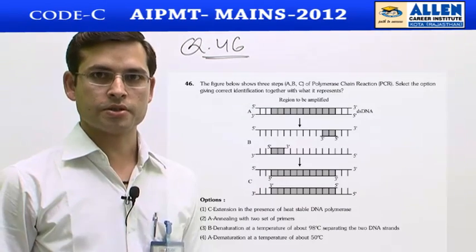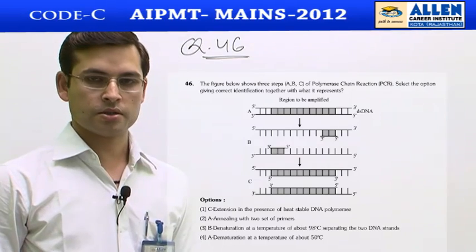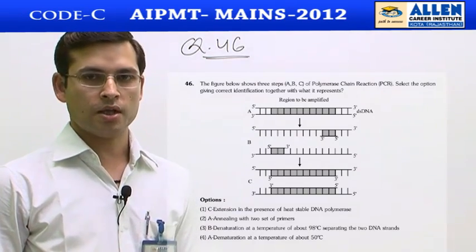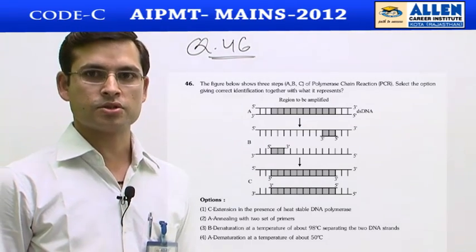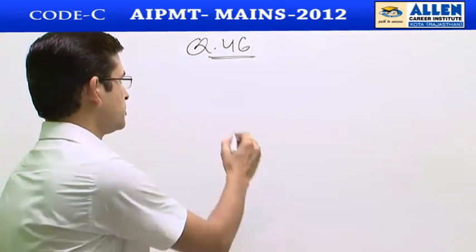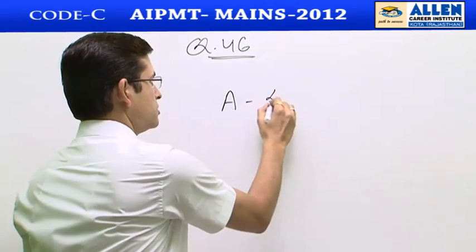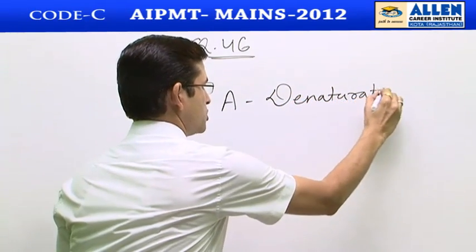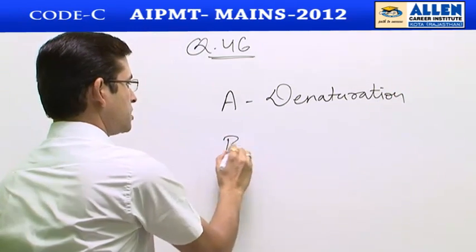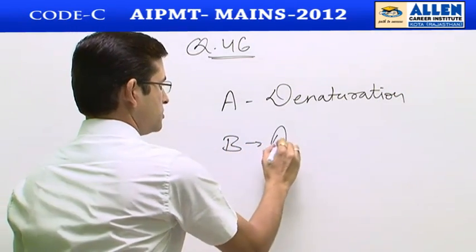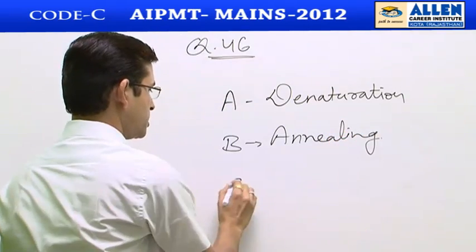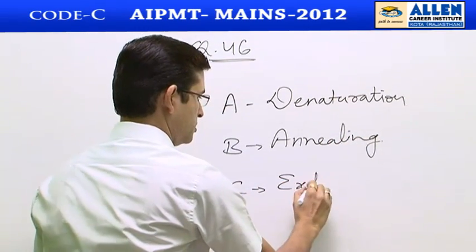Question number 46. In this question, a diagram of the polymerase chain reaction PCR cycle is given, and we know that the PCR cycle consists of 3 steps. The first step is denaturation, then the second step is annealing, and the third step is extension.